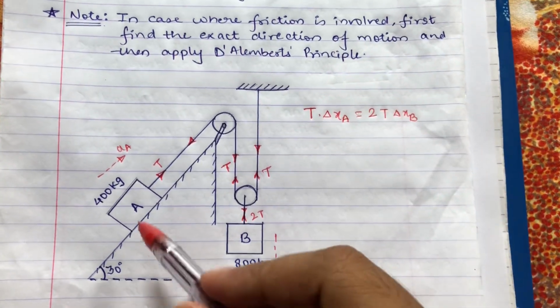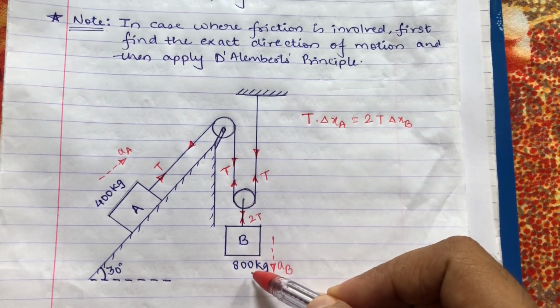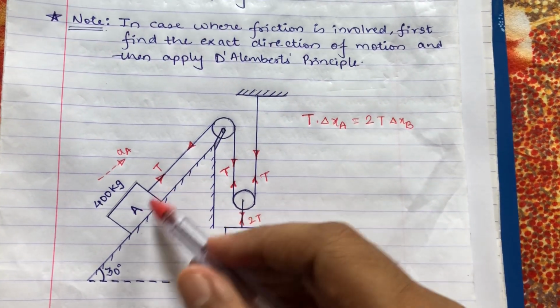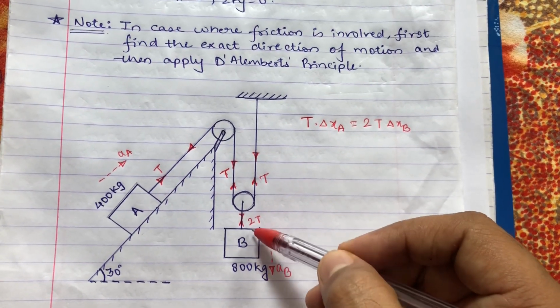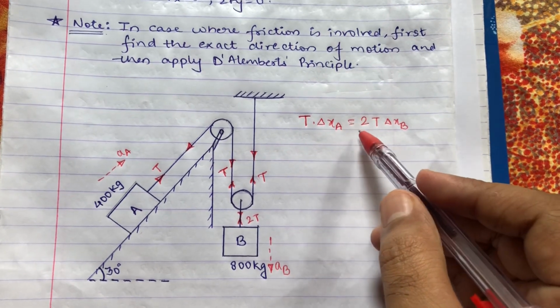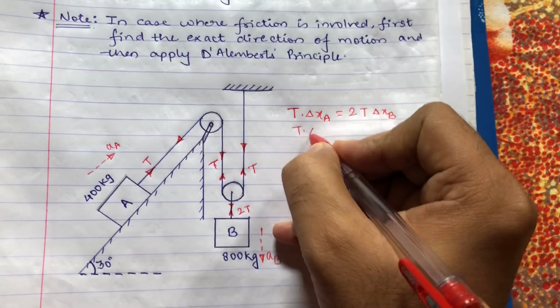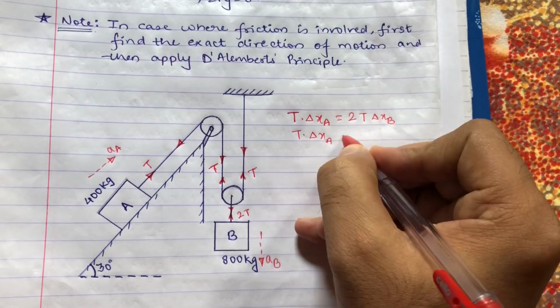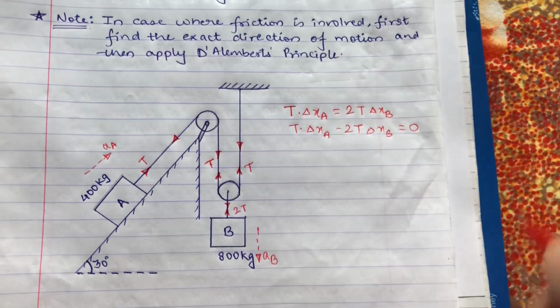Can we write like that? If this is moving above, just because this is moving down, then T delta XA, whatever goes above, will be the same as 2T delta XB coming down. Hence we can write T into delta XA equals 2T delta XB, which can also be written as T into delta XA minus 2T delta XB equals 0.